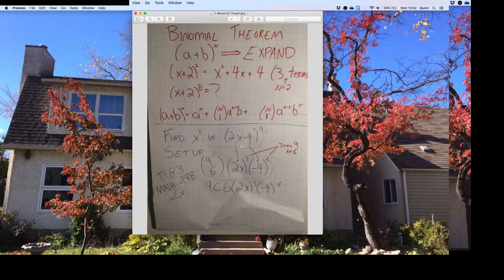So here it is. So notice here I have 3 plus 6 adds up to 9, right? I have the arrow pointing to the 9. I have the 6 pointing over to where it goes here once we choose it. So I have a very simple example. Find x cubed in this binomial expansion. So just look in the folder for that.